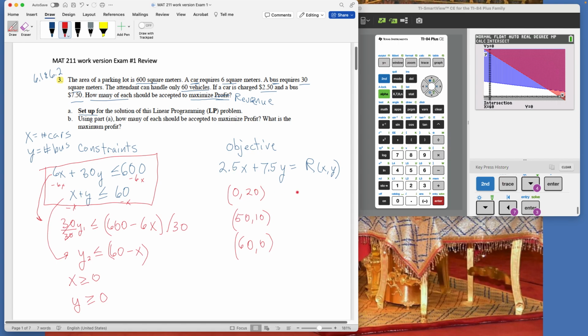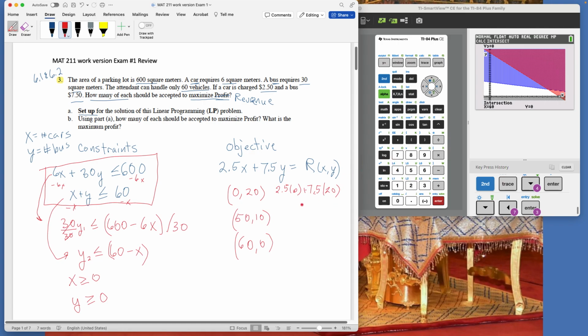So 0, 20, with 0 for x, so that's 2.5 times 0 plus 7.5 times 20, so that would be all buses. That would be the maximum we could get, and that's going to give us about 150.